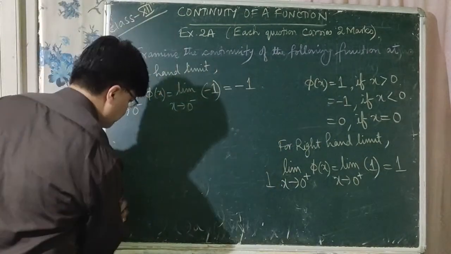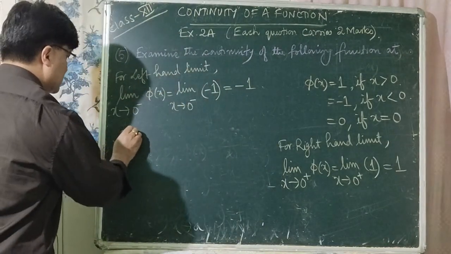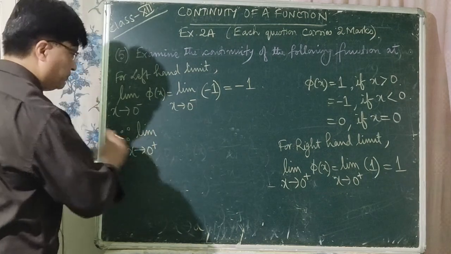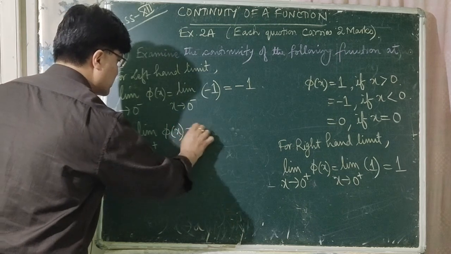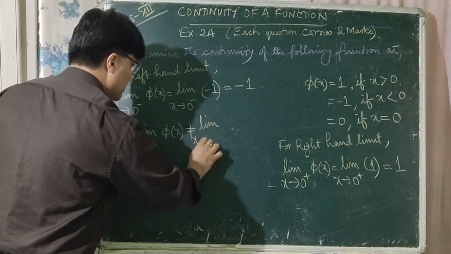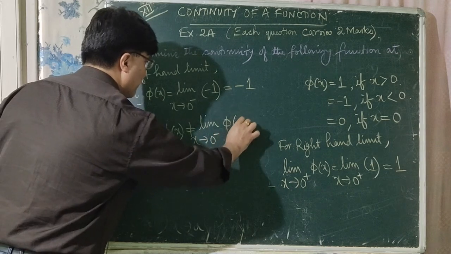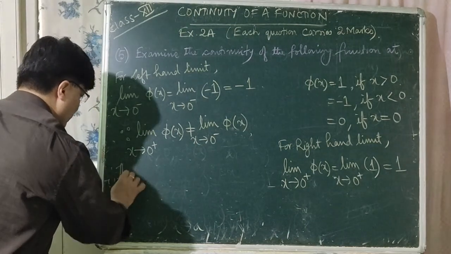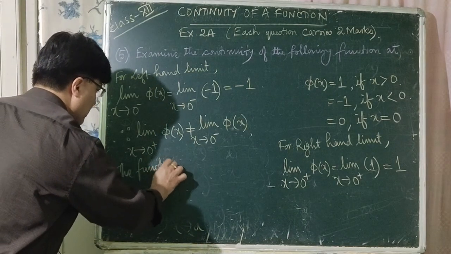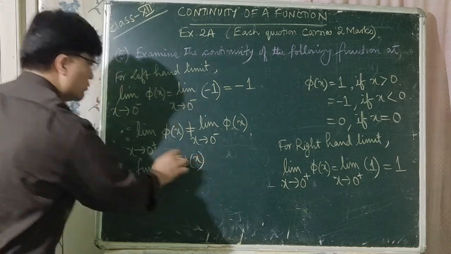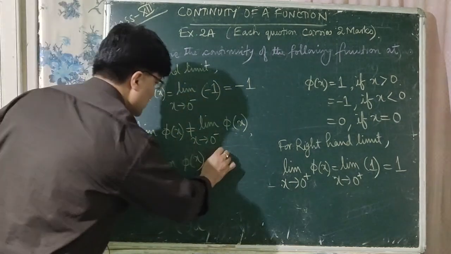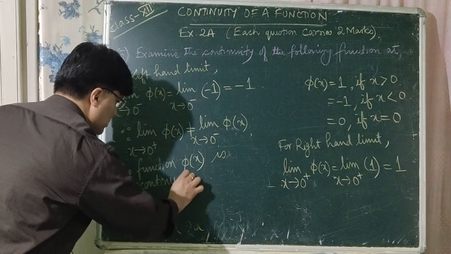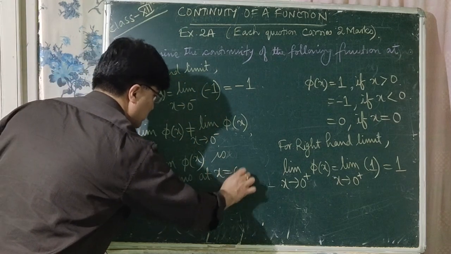So here you can write, since limit x tends to 0 plus phi of x is not equal to limit x tends to 0 minus phi of x, that is right hand limit not equal to left hand limit, therefore the function phi of x is discontinuous at x is equal to 0.